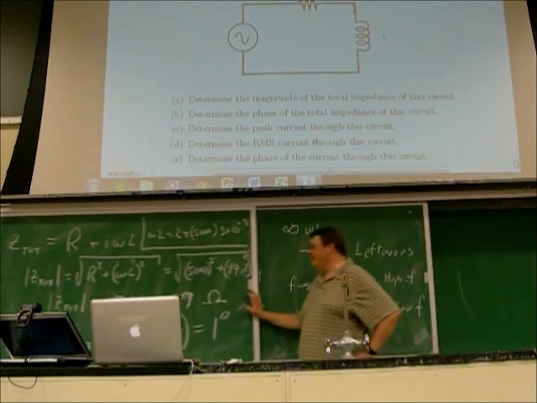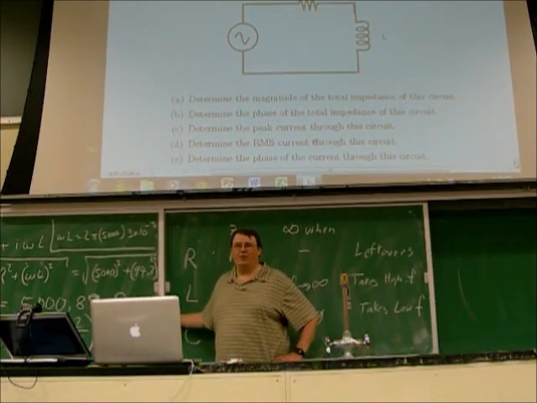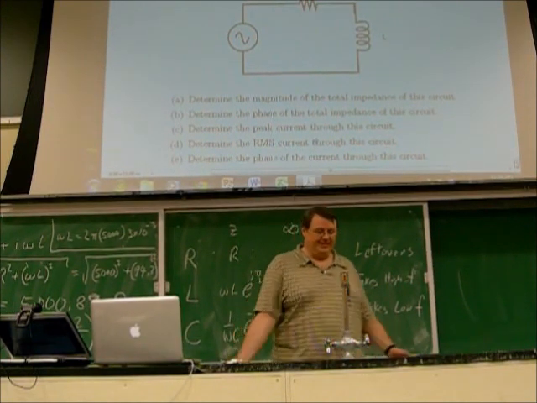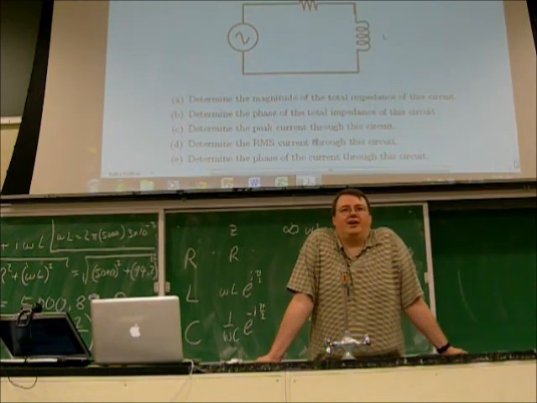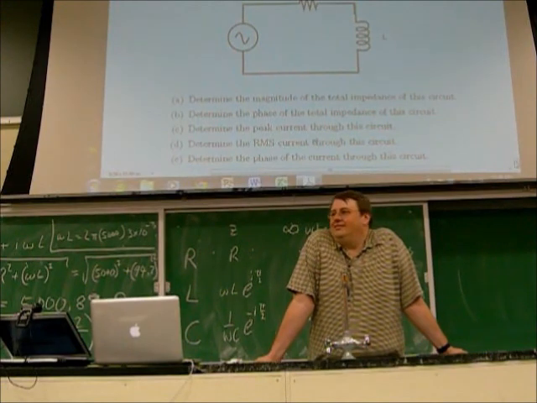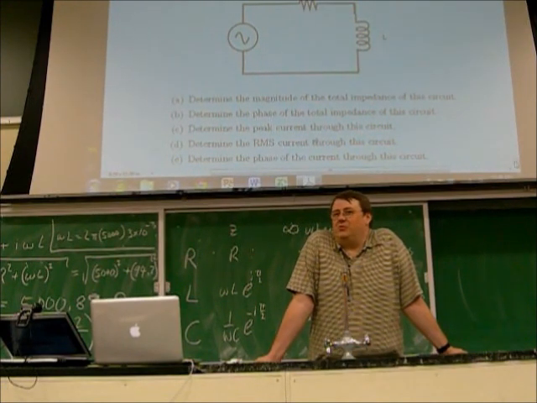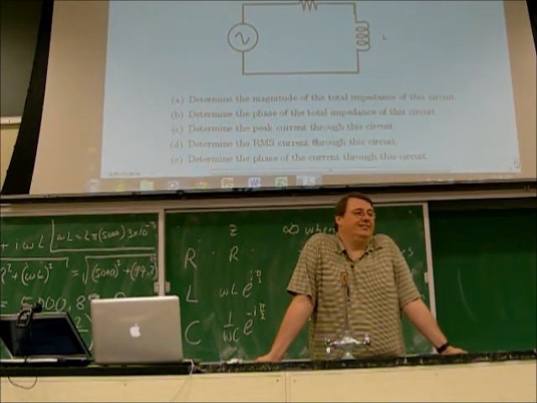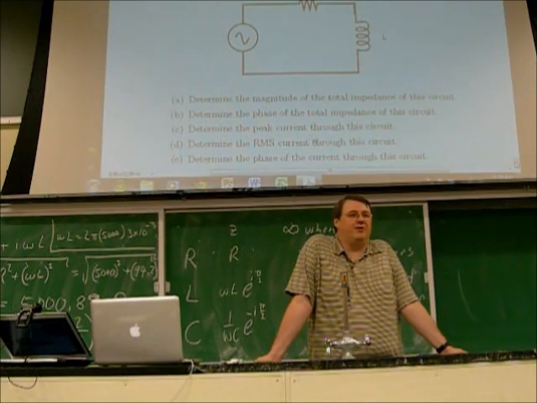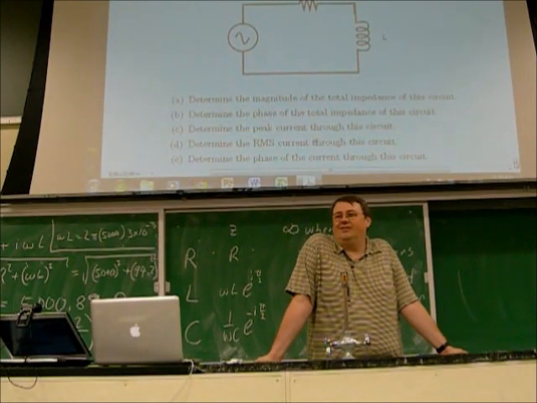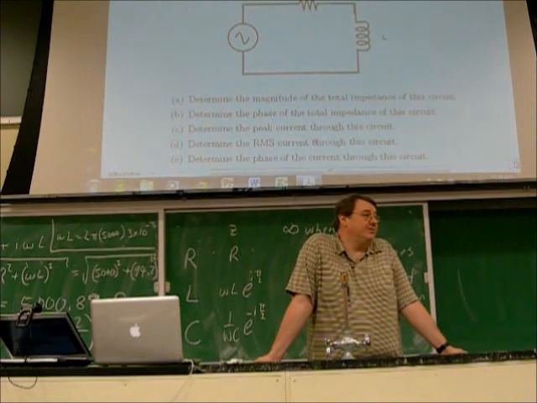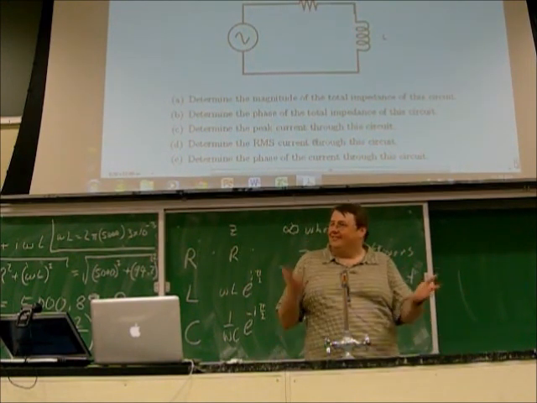This one is not as well designed as the other one. The other one was more well designed. Did you spot it being well designed? What was well designed about it? What was 1 over omega C in the previous problem? 106 ohms. And what was R? 120?